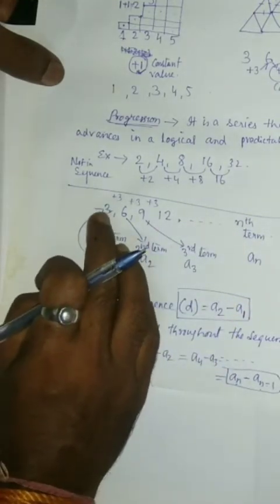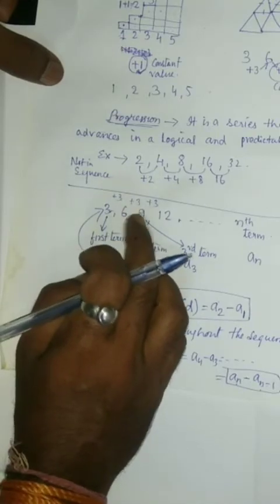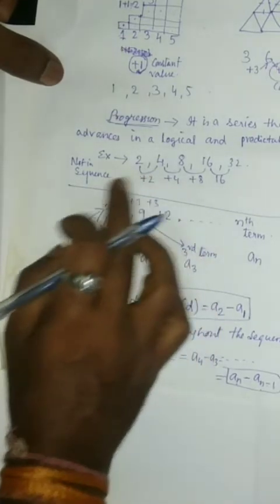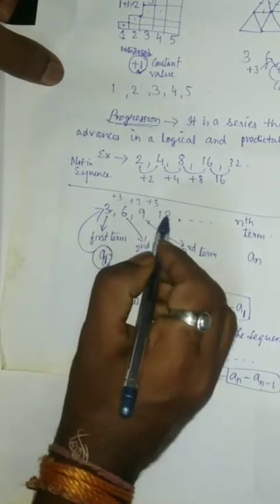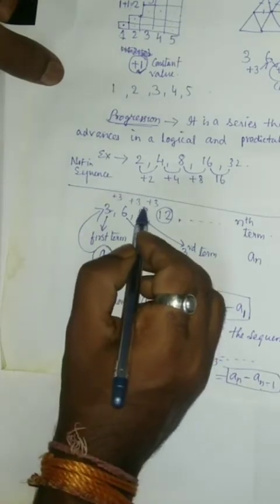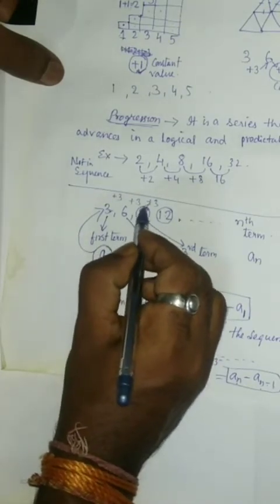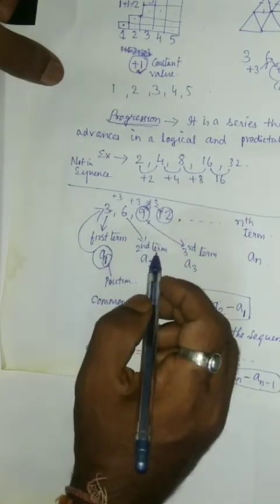See, student, with this 3 I am adding plus 3 to get 6. Here plus 3 to get 9. So I am adding a particular fixed number to the preceding term. Suppose I have to obtain 12, so what am I doing? I am adding plus 3 to the preceding term to get the succeeding term.